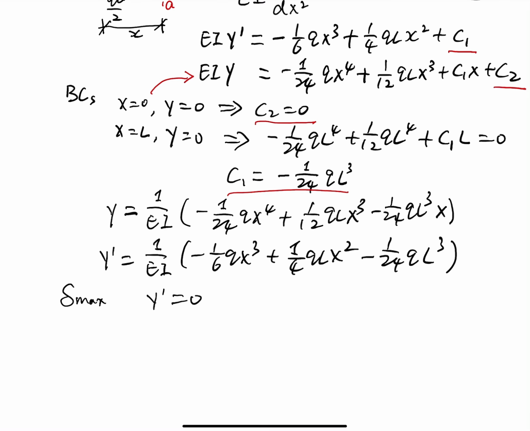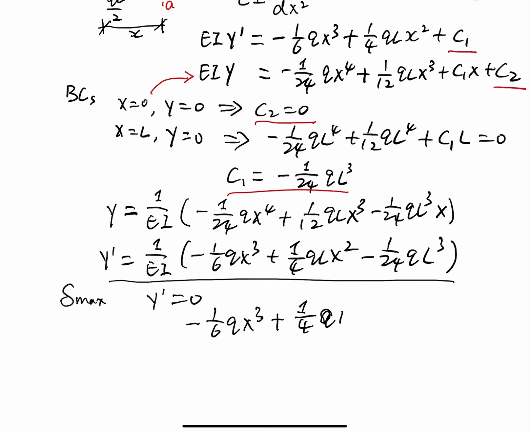So if we want the slope equal to 0, the slope equation is here. Now slope equal to 0, then we got 1 over 2 q x cubed plus 1 over 4 q l x squared minus 1 over 24 ql cubed equal to 0.